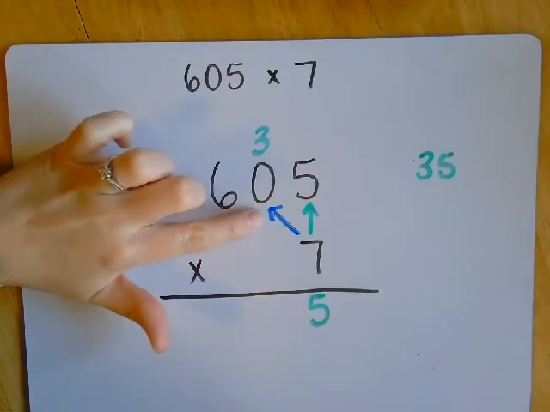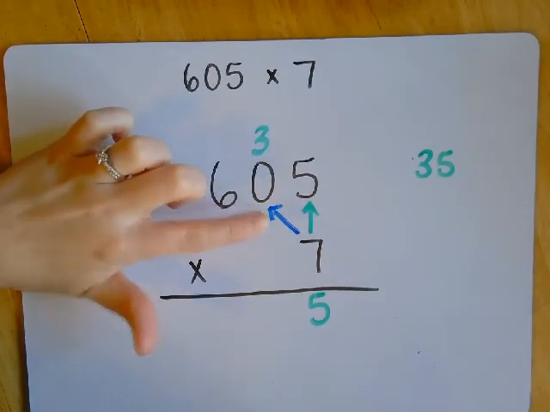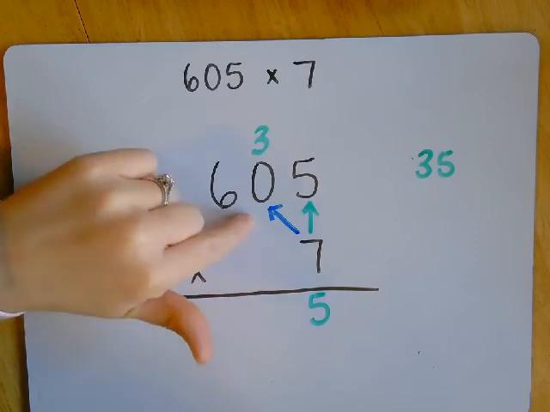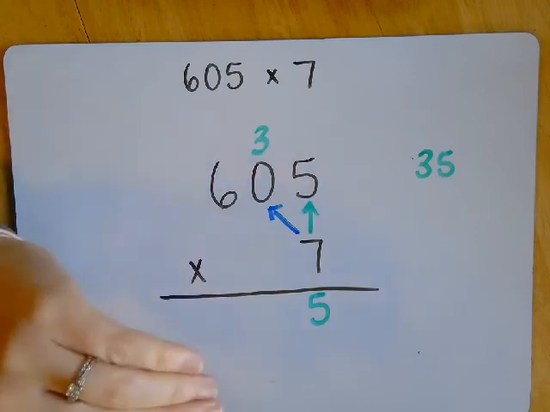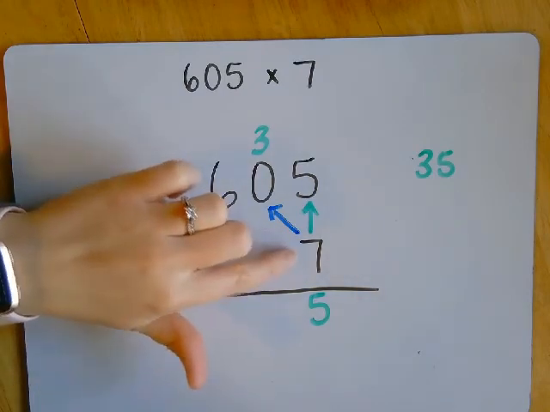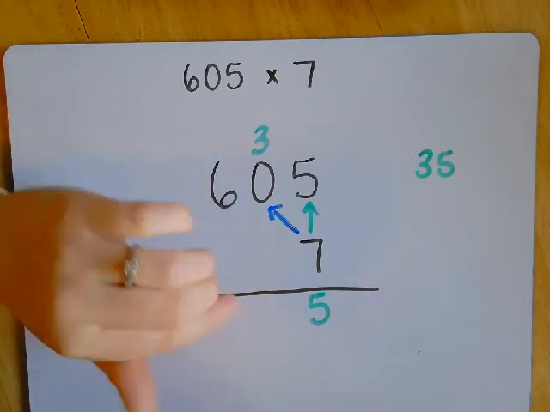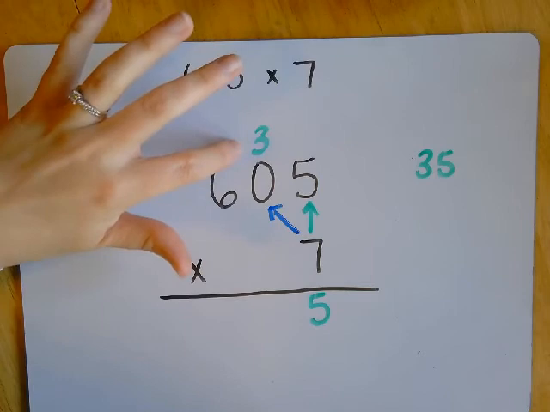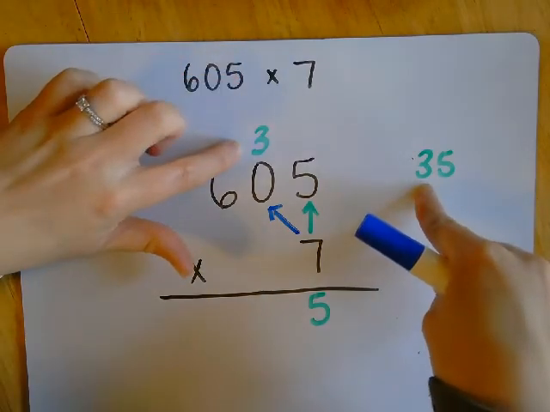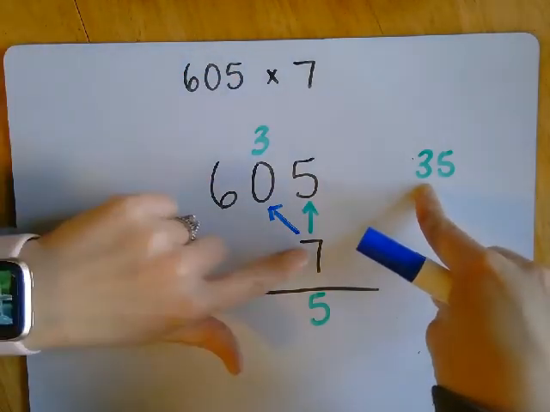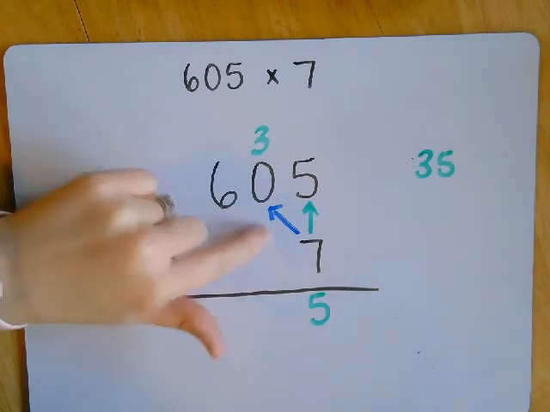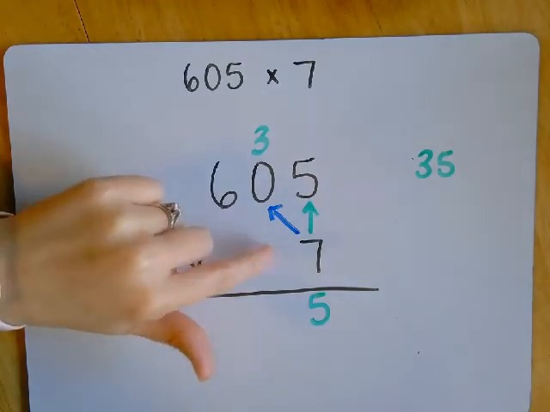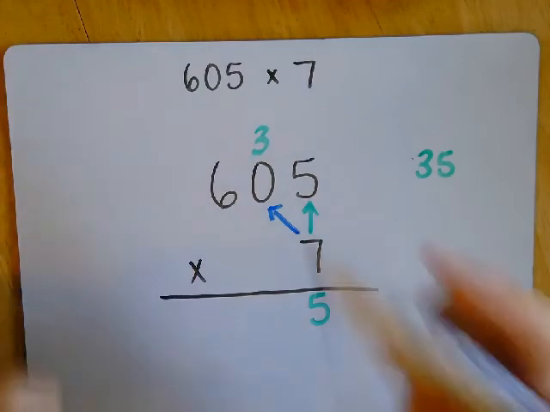So since there's nothing in the tens place, I need to still multiply 7 times 0, which is 0. Anything times 0 stays 0. But I still need to add the 3 in the tens place that I carried over. So 7 times 0, I have to do that step first, is 0, plus 3 more is 3.